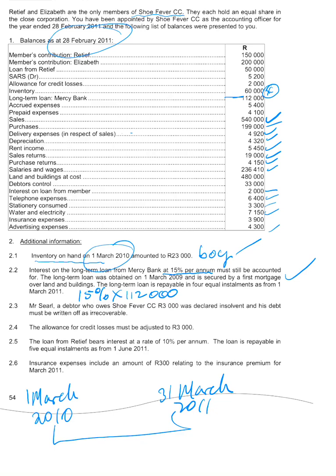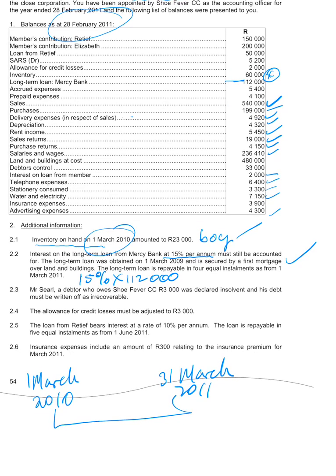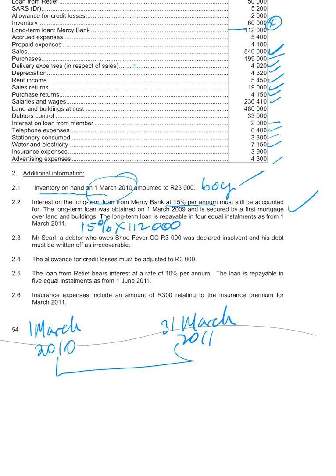Mr. Sell, a debtor who owes Shoe Fever CC 3,000, was declared insolvent and his debt must be written off as irrecoverable. Remember, bad debts written off are called what? Credit losses.